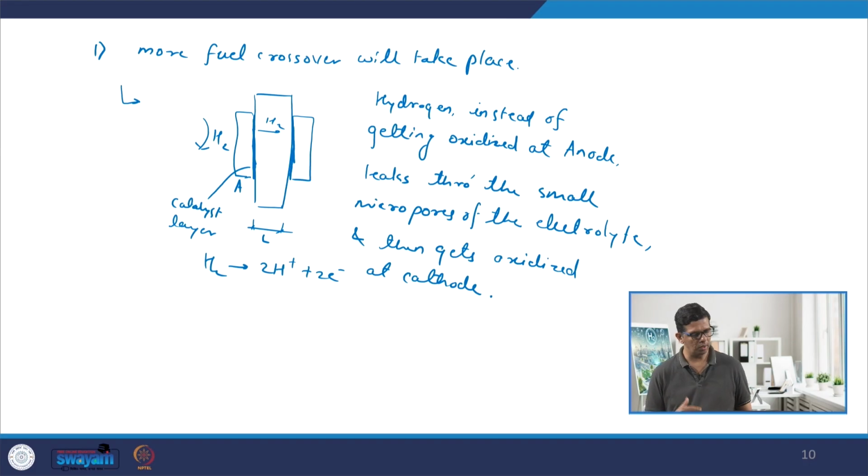We want it to get oxidized on the anode side so that we can get the electrons in the external circuit, and the whole purpose of having a fuel cell in reality will then be served.